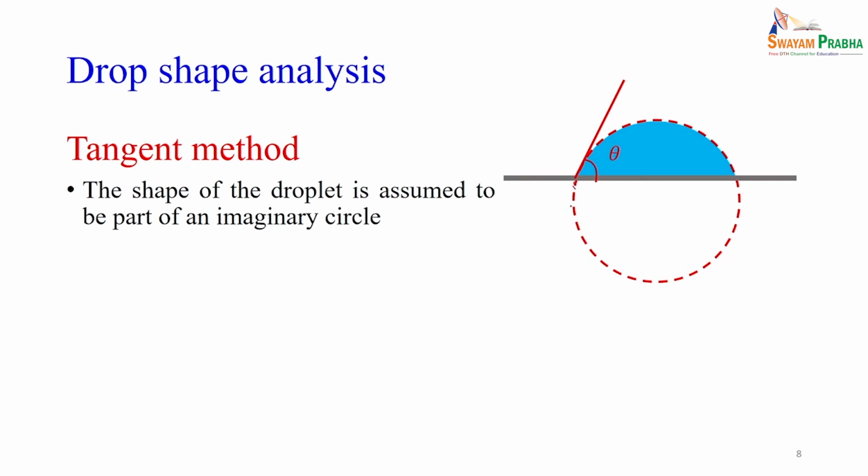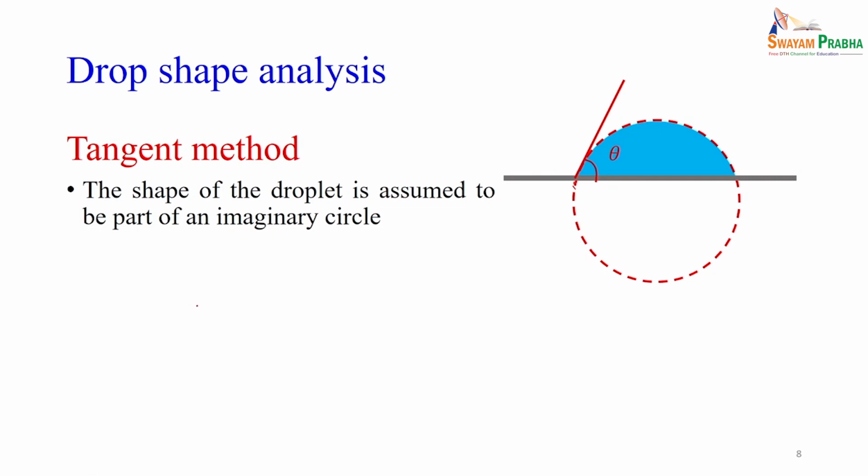We draw an imaginary circle, and after drawing the imaginary circle, you draw a tangent like this, and this angle is the contact angle. To analyze the angle theta here, you have to consider this as a small circle and this as a part of the circle, then we can easily determine the value of theta.